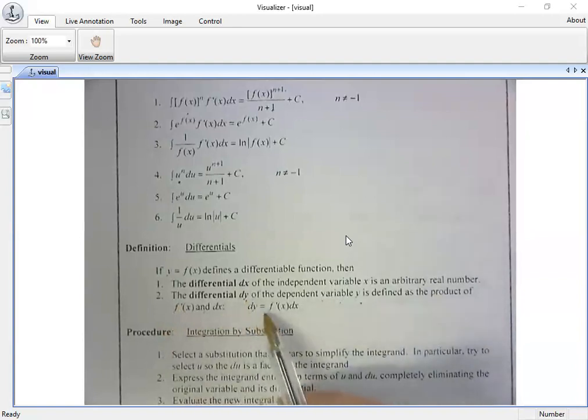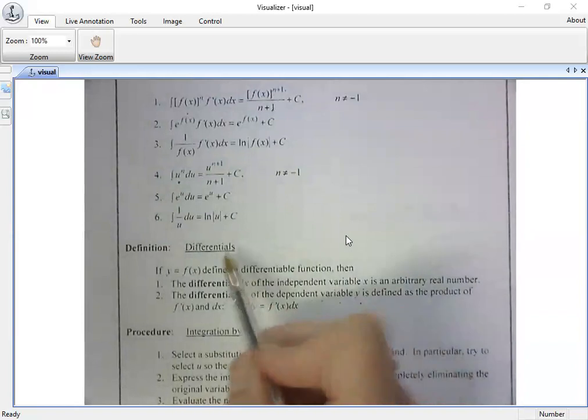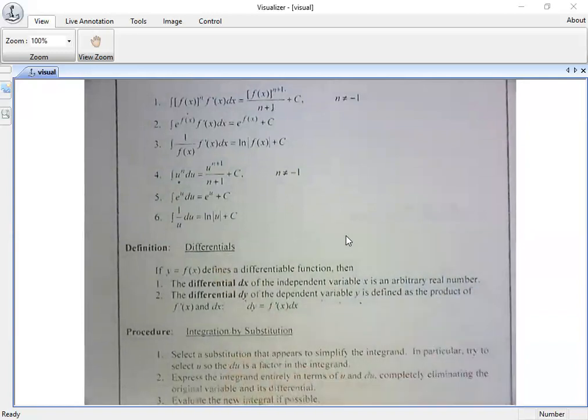In other words, dy is whatever that derivative is times dx, okay? That's what lets us end up with something that we are going to be able to integrate. It had to be something that was differentiable to begin with, okay?